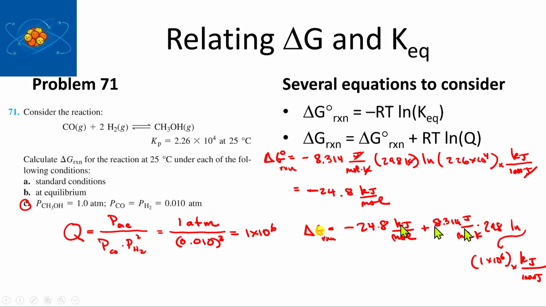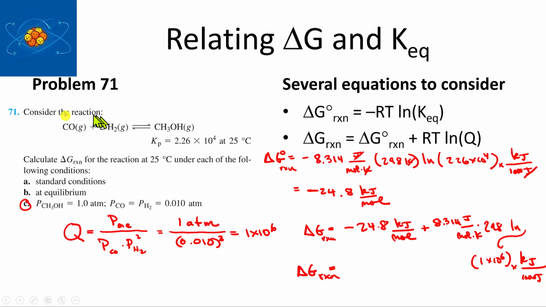And then when I do this calculation, delta G comes out to be, let's see if we can predict real quick what might happen. It was spontaneous at standard states. Standard states means 1 atmosphere, 1 atmosphere, 1 atmosphere.